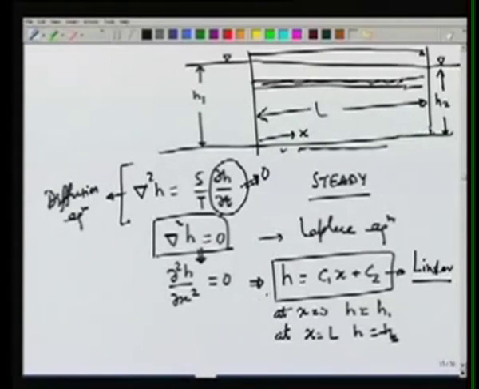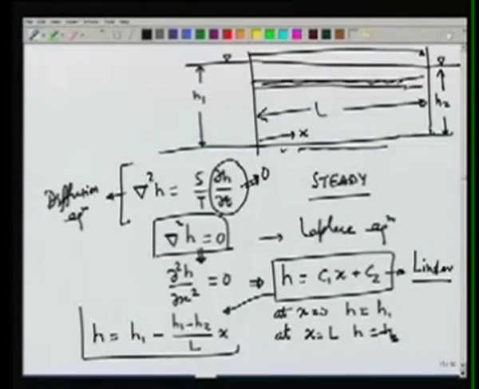And the variation can be obtained directly from applying these two boundary conditions, from which we can write h equal to h1 minus, so this is obtained by applying these two boundary conditions in this equation.